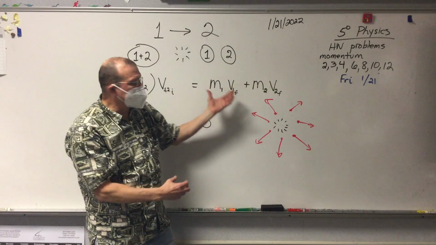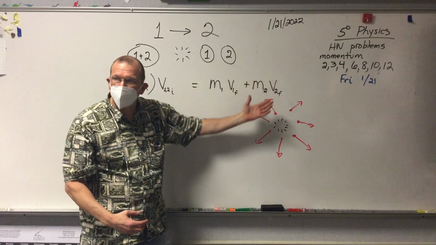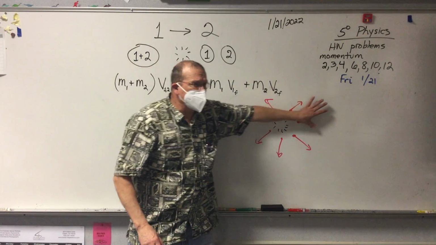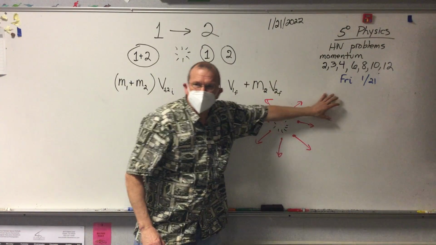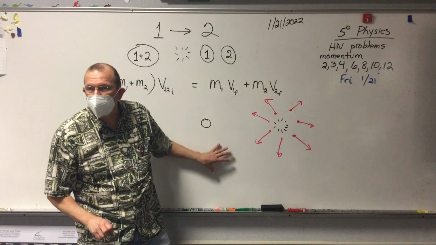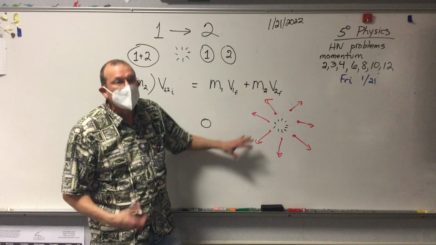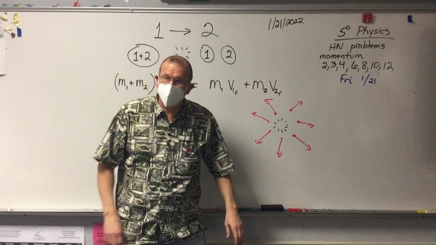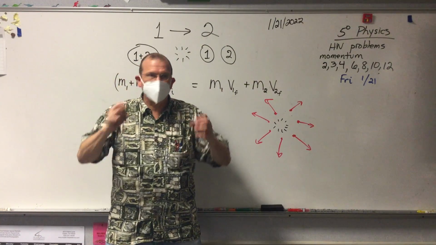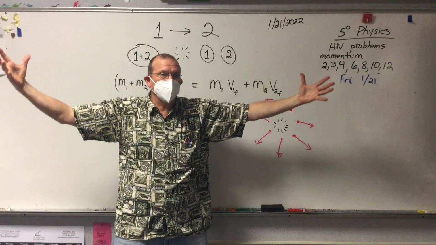And because we're always adding all of the individual pieces of momentum together, the momentum going in one direction is balanced or canceled by an equal amount of momentum going in the opposite direction. Now, in the case of fireworks, this is a pretty complicated example because it's a 3-dimensional example, because the thing bursts out in all directions.